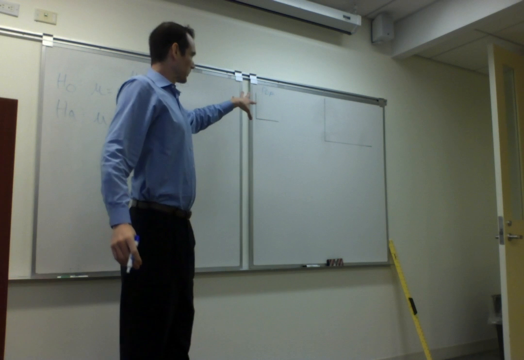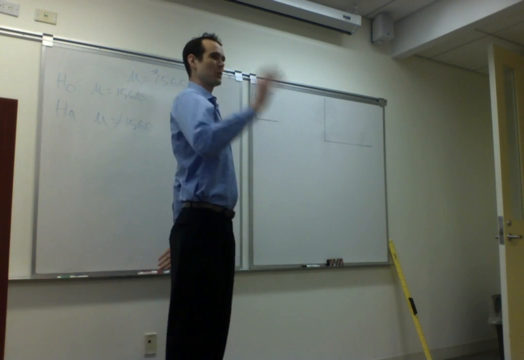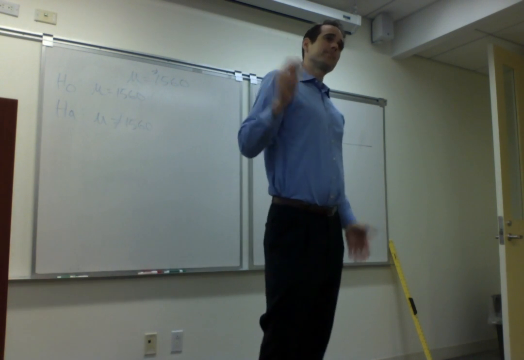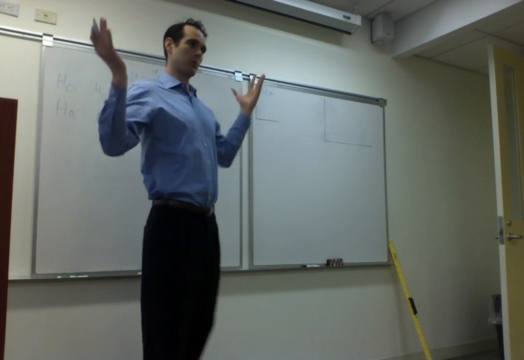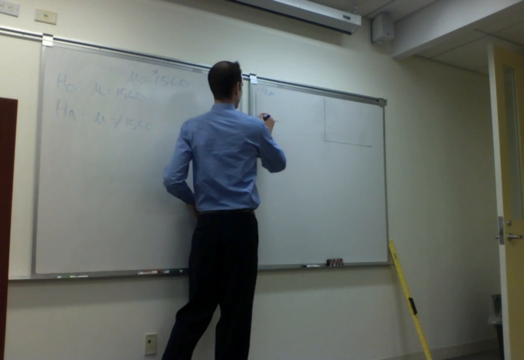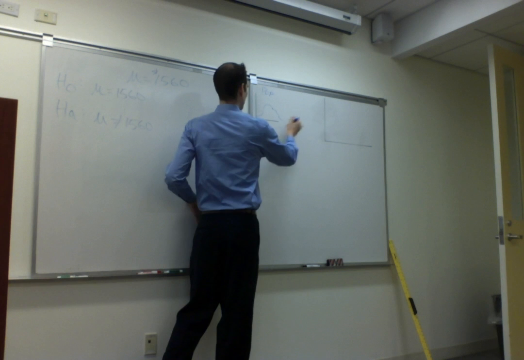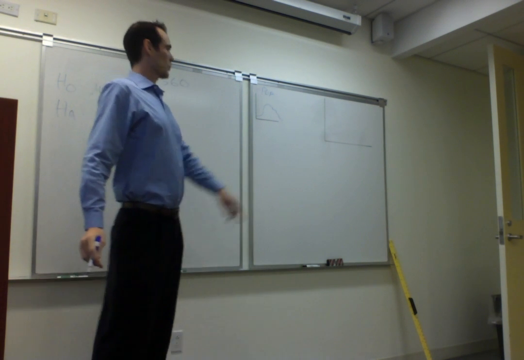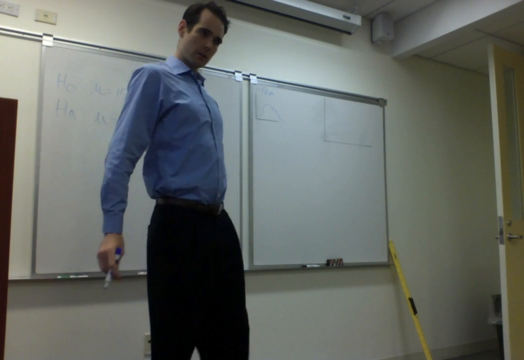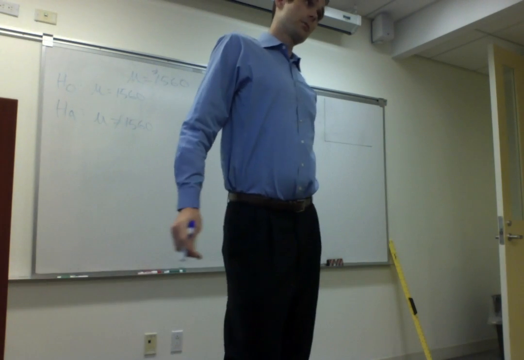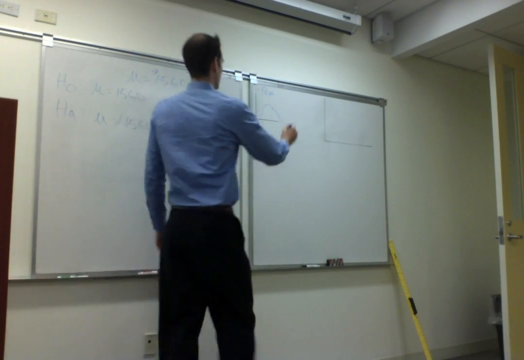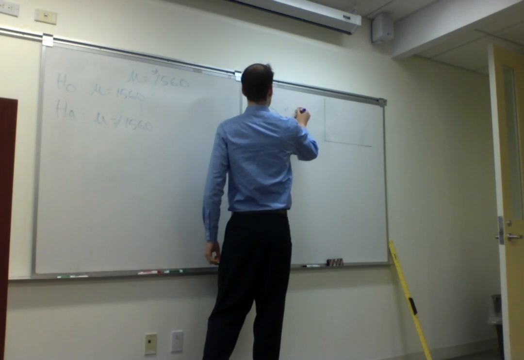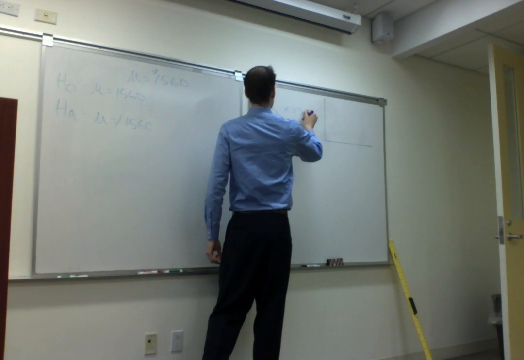Every single one-bedroom apartment in St. Louis is in this population. It may be normally distributed. It may not. We don't know. But it has some sort of frequency distribution. Maybe it's skewed. We don't know what it is. But we're going to use the techniques we learned. We're going to take a random sample from that population. It's going to be more than 30. Right, so n is greater than or equal to 30.